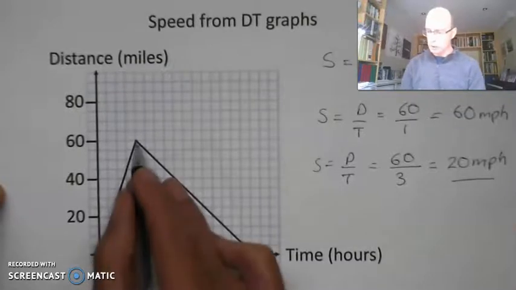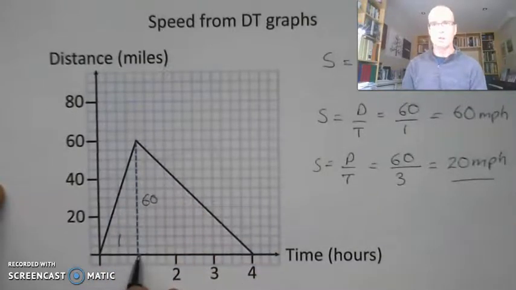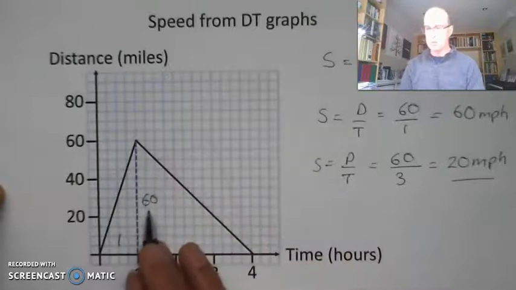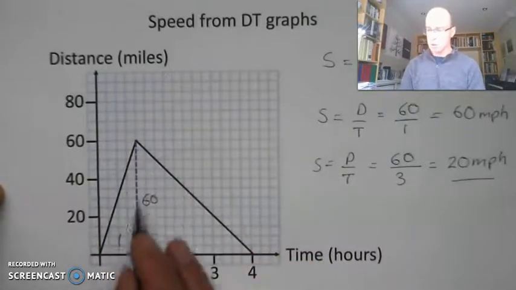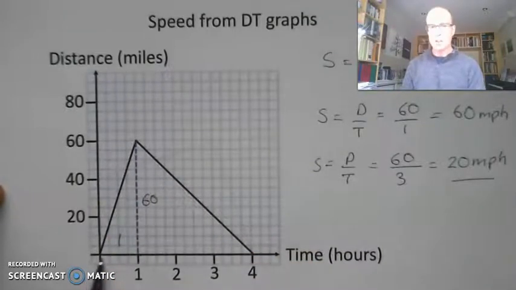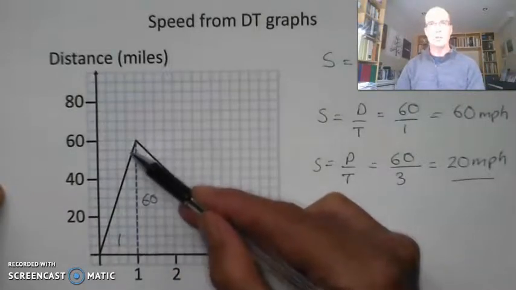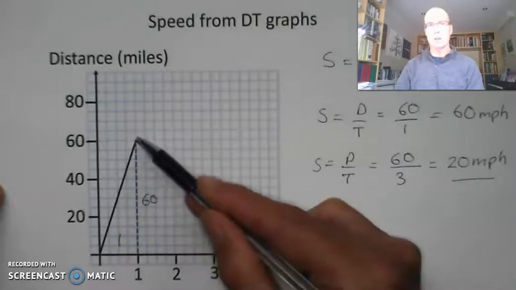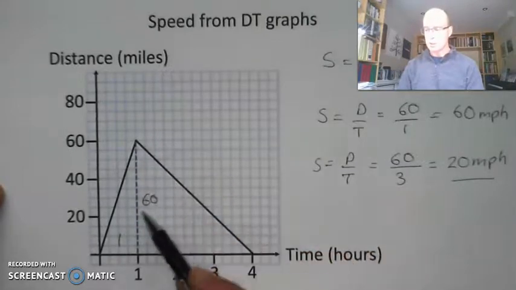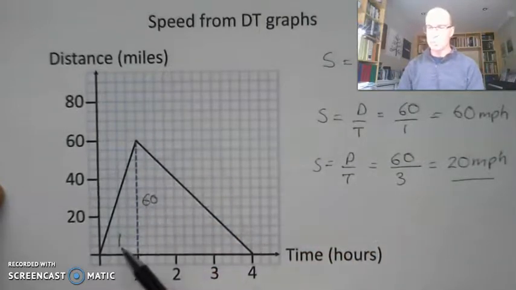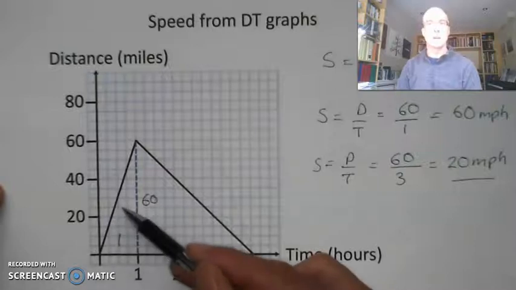Well, what have we actually done here? What we've done is we've looked at the rise of this straight line, which was 60, that was my distance, and I divided it by the time, which is the run. So what we've actually done is we've calculated the speed, which is the same as the gradient of that straight line. So the distance, my rise, divided by my time, my run, so rise divided by run is my gradient, that's given me the value of my speed.